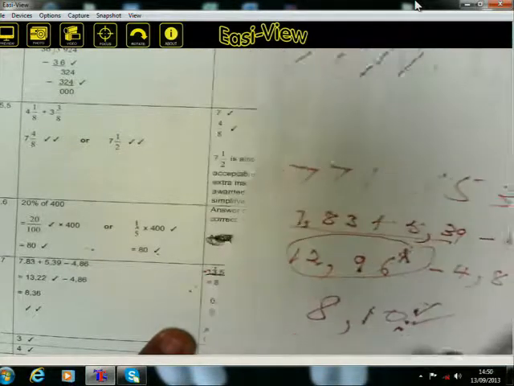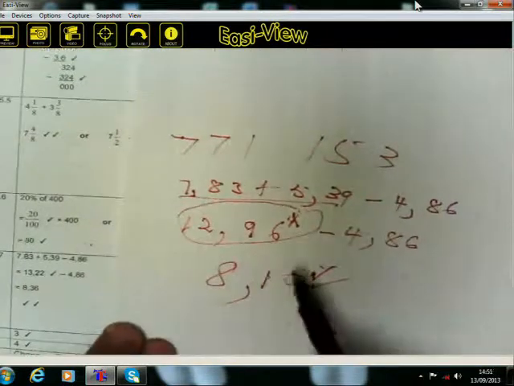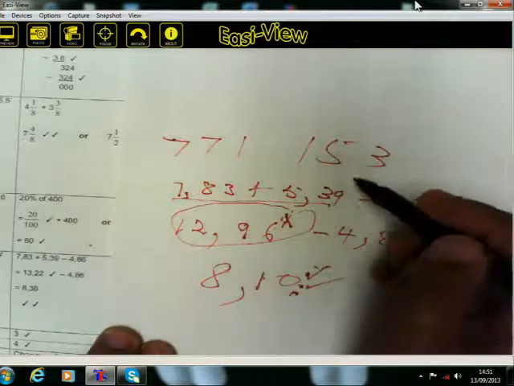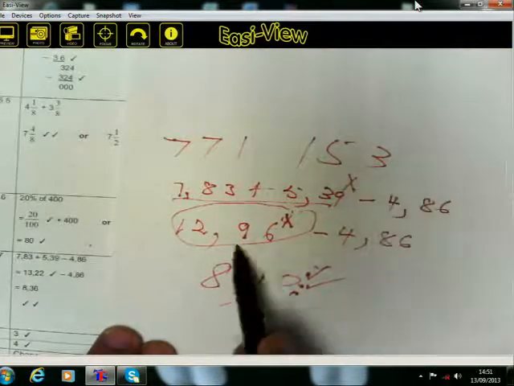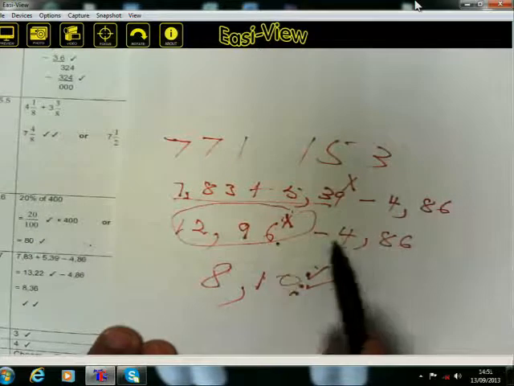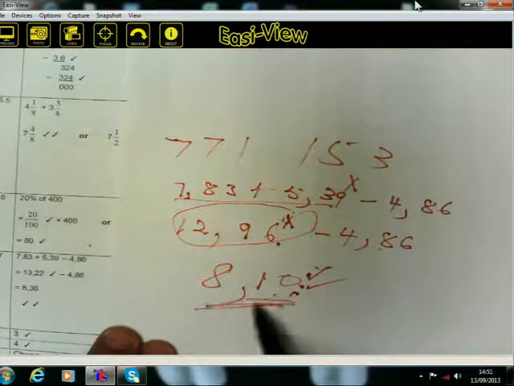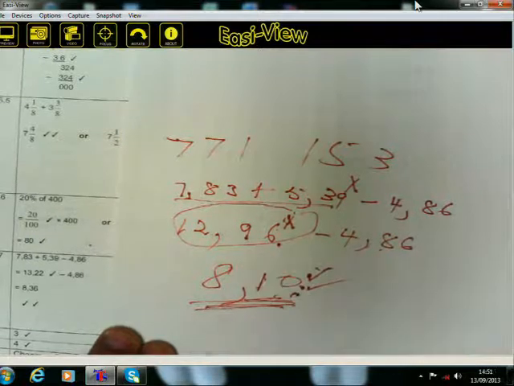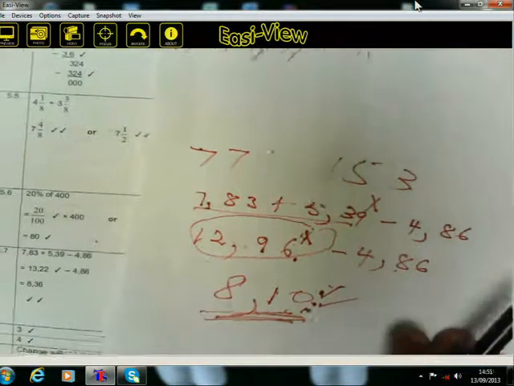So we'll give him 2. Award 2 marks for CA. This is how we award that 2 marks. He could not add this properly, but with the wrong answer, here he worked it, and then he got the correct answer for his wrong number here. So therefore, we credit him.